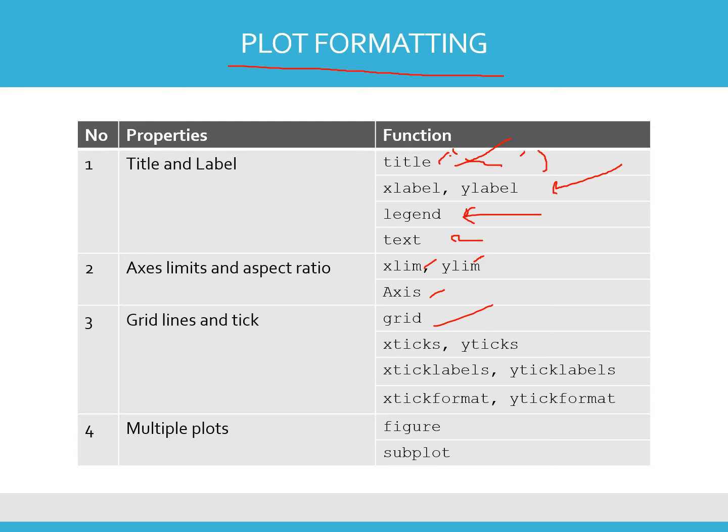Grid, of course, you want to add a grid. And so on. Figure means you create a new figure. Subplot means that in the same figure you have multiple plots. I will show it to you at the next slide.